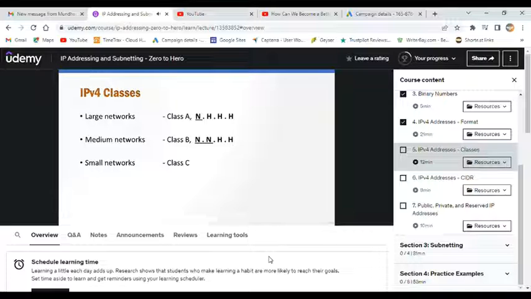A Class C network is kind of opposite from the Class A network, because Class C networks have the first 3 octets representing the network portion and only 1 octet representing the host portion. So one Class C network can only have 256 different IP addresses in one subnet.